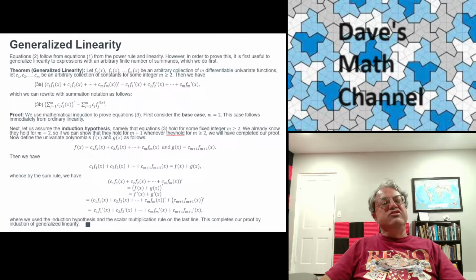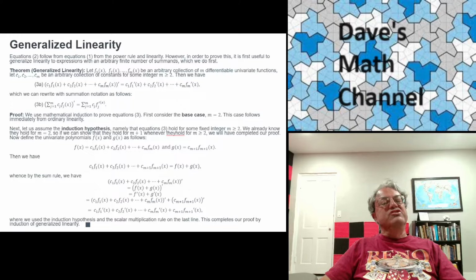And the way we do this is we're assuming it holds for some value of m. So now we let f of x, we're just going to use two functions here. I'm going to let f of x be the weighted sum of the first m terms. And now I'm going to let g of x be the weighted term for the m plus first term.